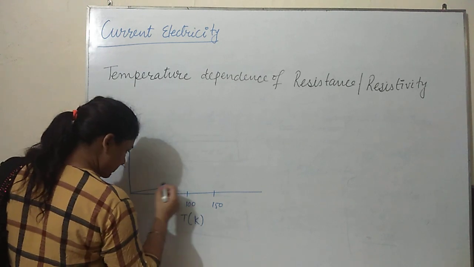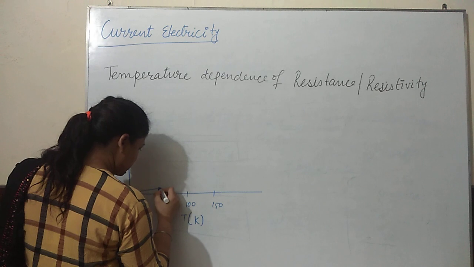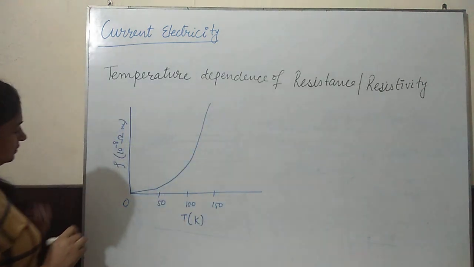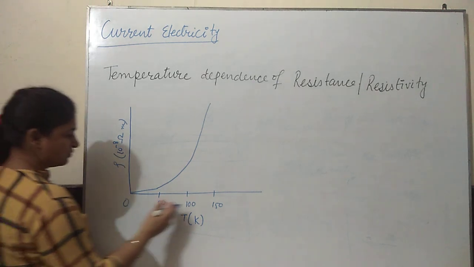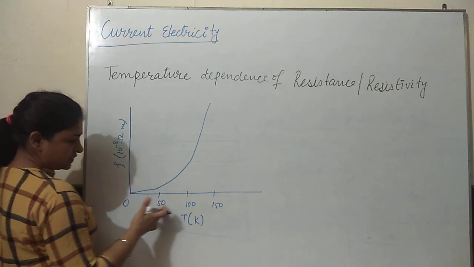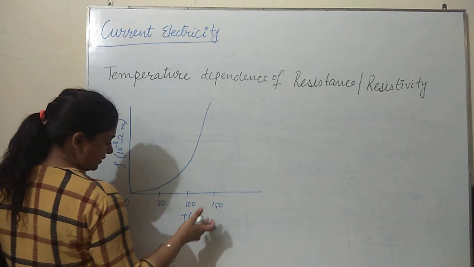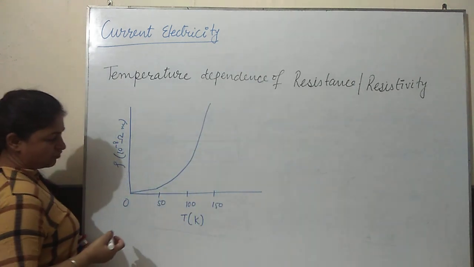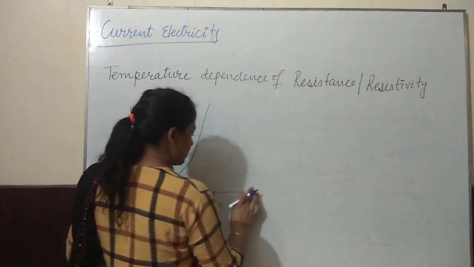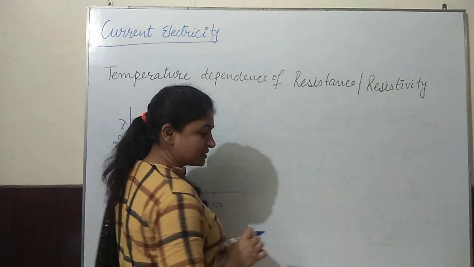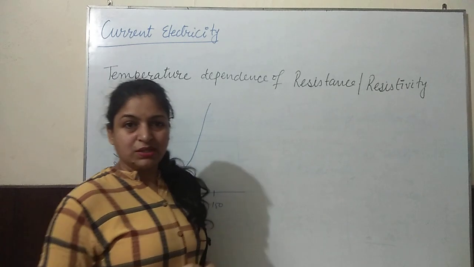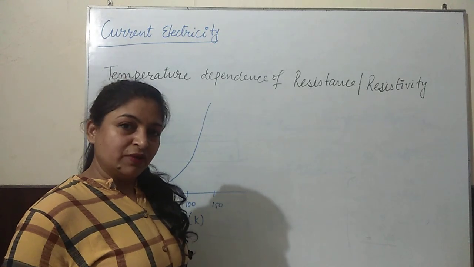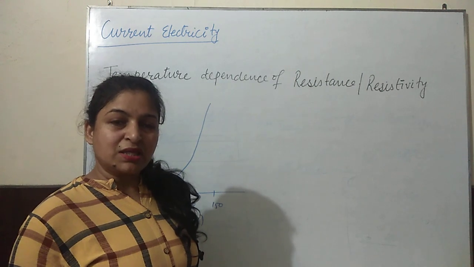for this limited range, there is much increase in the value of the resistivity. You can see here for the small variation from 50 degree to 150 degree Kelvin, there is much increase in the resistivity of copper. But if I draw the graph for any alloy, as we have already discussed, alloys are the materials which are basically insensitive to the variations in the temperatures.